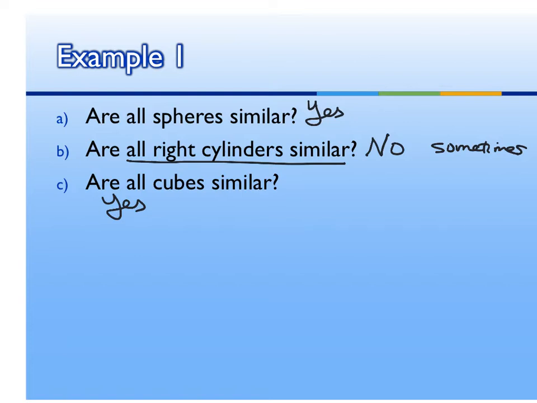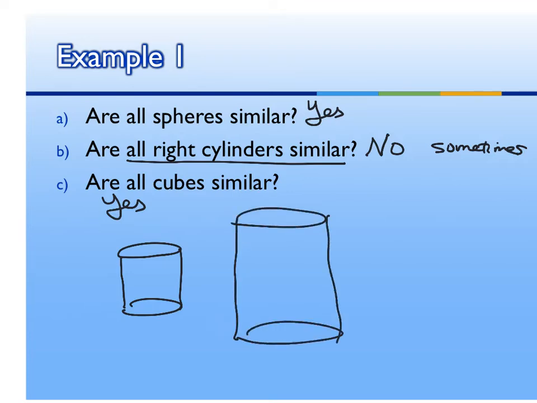So let me show you an example of where they would not be similar. All right, so if I were to draw 2 cylinders, I draw a shorter one and then a taller one.